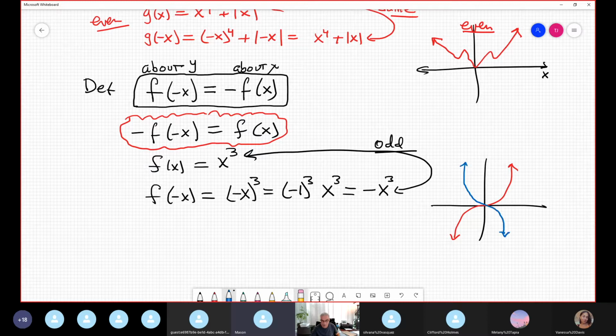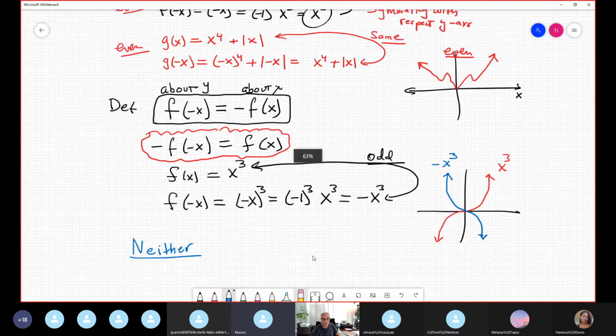This is x cubed. This is negative x cubed. However, when you do another reflection and put a negative here, the double negative becomes positive, and we come back to the regular function. You see? What about neither? Neither is the most popular. The majority of functions are neither, because they are not special.